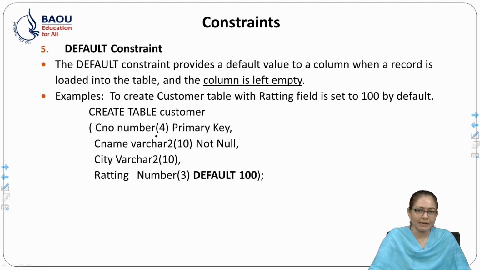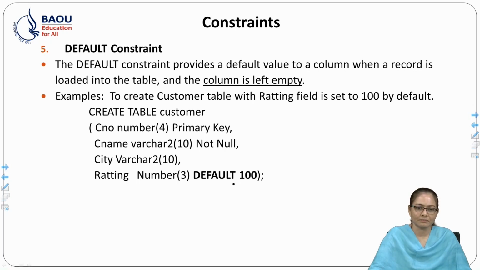Now the customer name, varchar2, then size is 10, not null, means the name is a compulsory field. Then city varchar2 and then 10, comma rating, then number, then size 3. It is default 100.